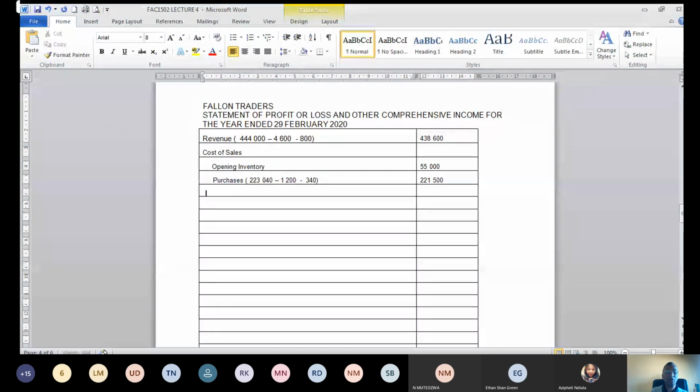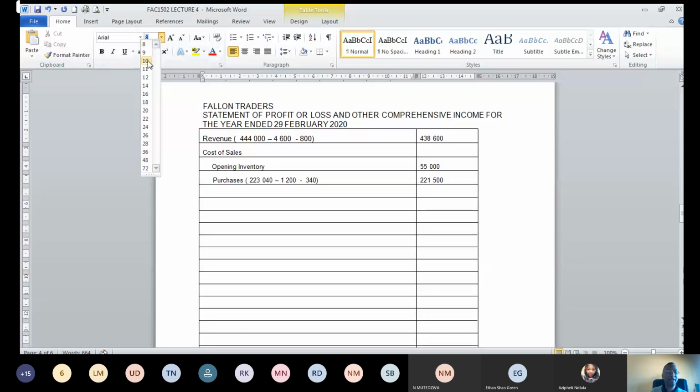We are still busy with our calculation of cost of sales. Cost of sales is equal to the opening inventory plus the purchases plus the carriage on purchases if there is. And in this question, there is carriage on purchases.